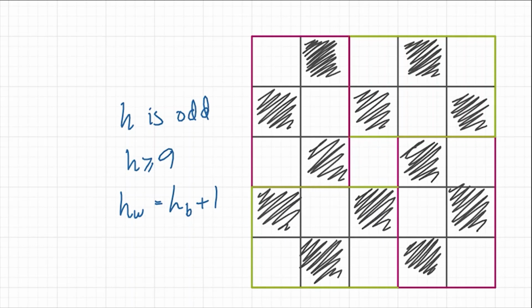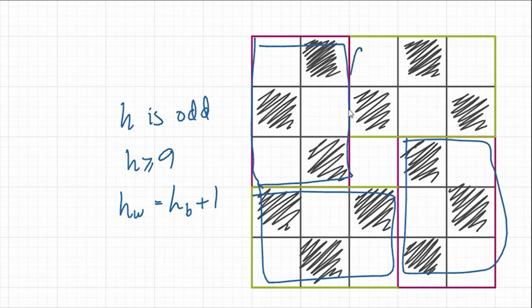Well, we know that there are supposedly 9 holes in this 5x5 chessboard, once we've added our dominoes in such a way. Now, if this central square wasn't a hole, if we look at these 2x3 regions, there are 4 of them: this one, this one, this one, and this one.